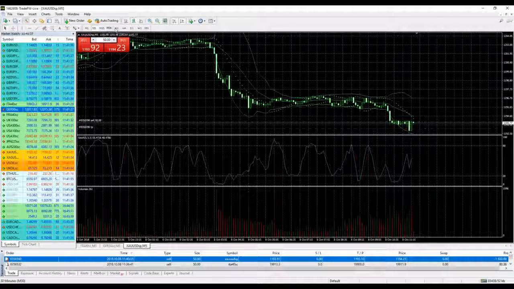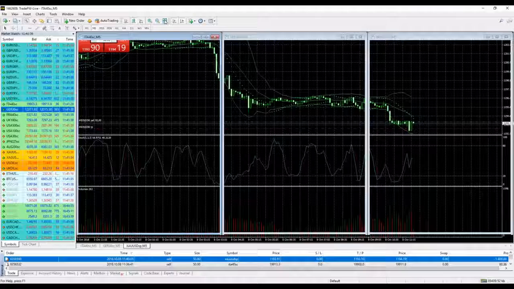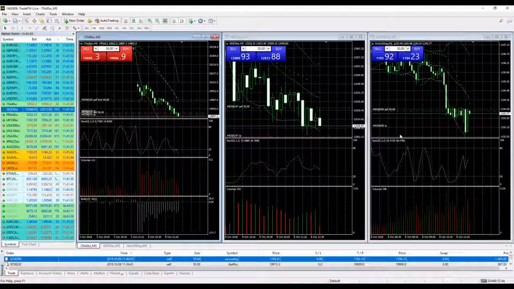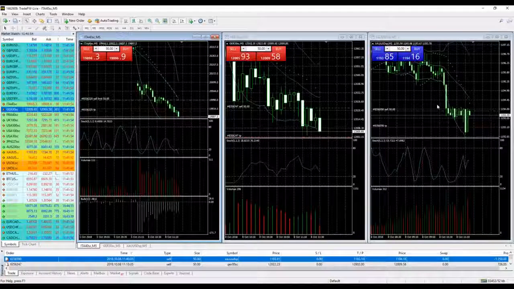So on DAX, what's going on? I have now my 3-chart system. I have 3 positions open. I'm watching Italy 40 here, DAX here and gold here.